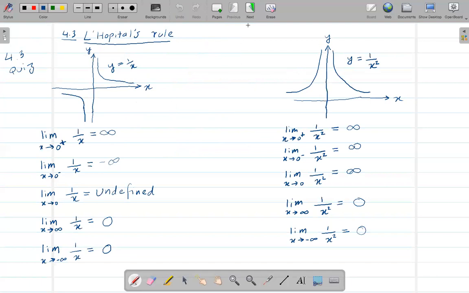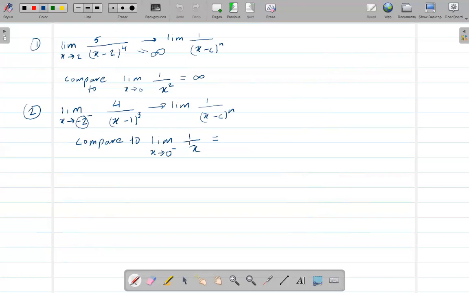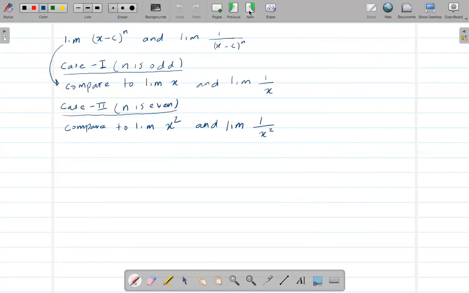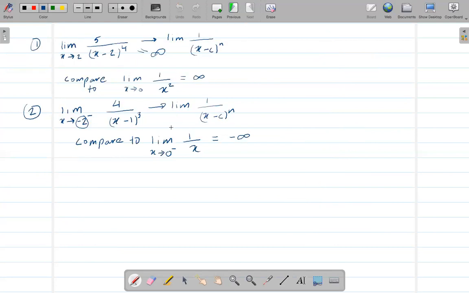Since we're trying to find the limit of 1 over x when x goes to 0 from the left, this is approaching towards -infinity, from this picture. So since this one is going towards -infinity, this is also -infinity.